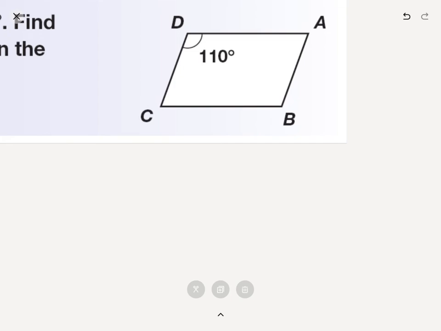And so with any kind of shape, what do all the angles have to add up to? Whether it's a triangle, a quadrilateral, or anything else, Amanda? 360 degrees. Okay, so that's 360.